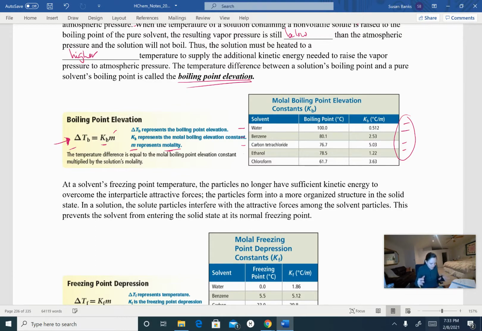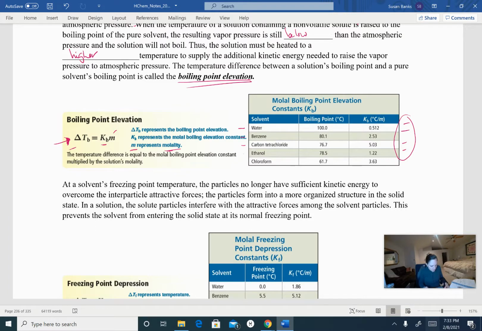Okay, kind of complicated. So at a solvent's freezing point temperature, the particles no longer have sufficient kinetic energy to overcome the interparticle attractive forces. So they go into that crystalline structure, where the particles just vibrate about a fixed point. Those particles form into a more organized structure in the solid state.